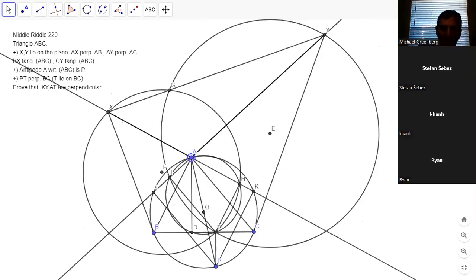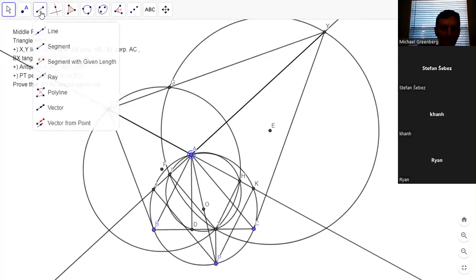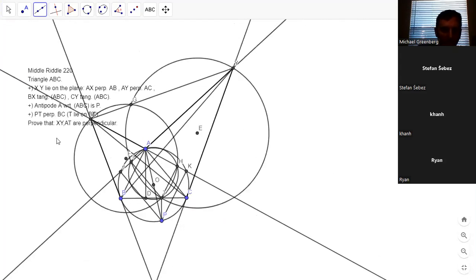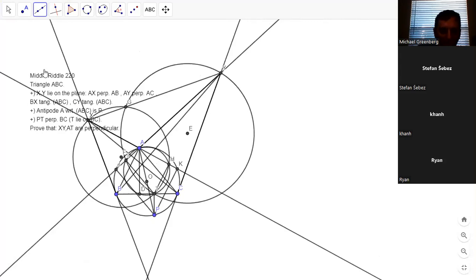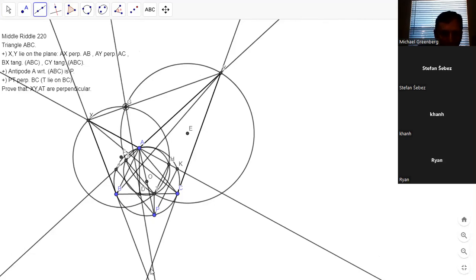But maybe I wonder if this and GL are concurrent, because then we could use Cheva, if that were true. I don't think it is. No. Okay, my bad.